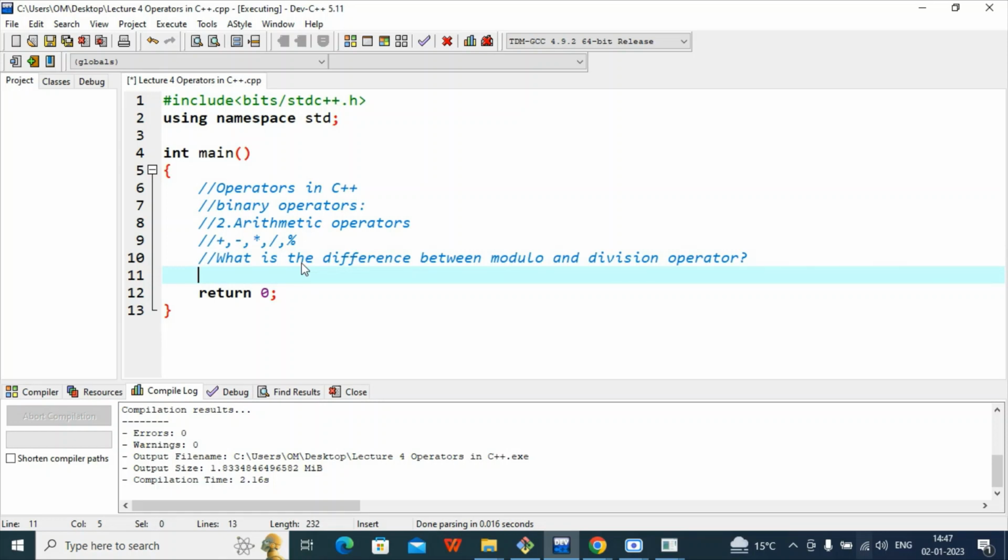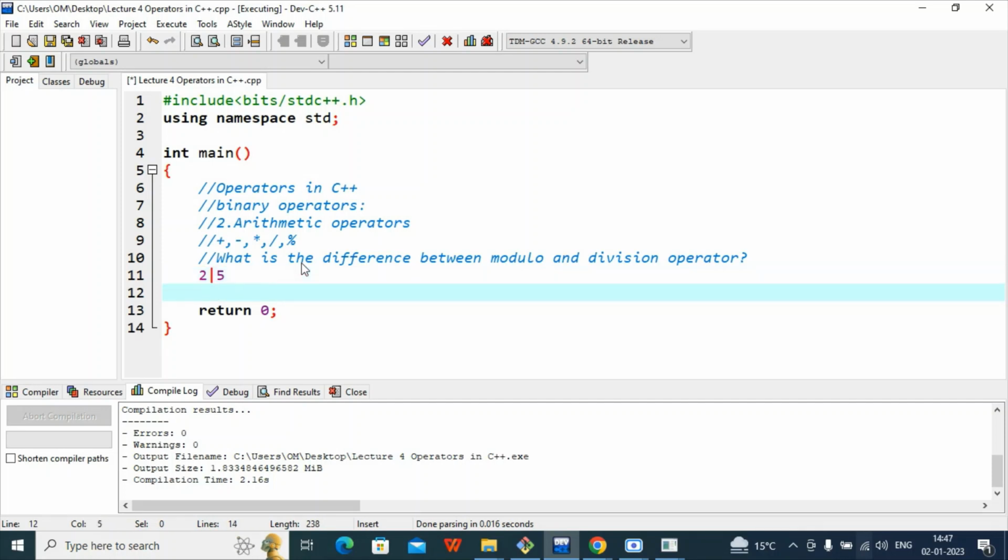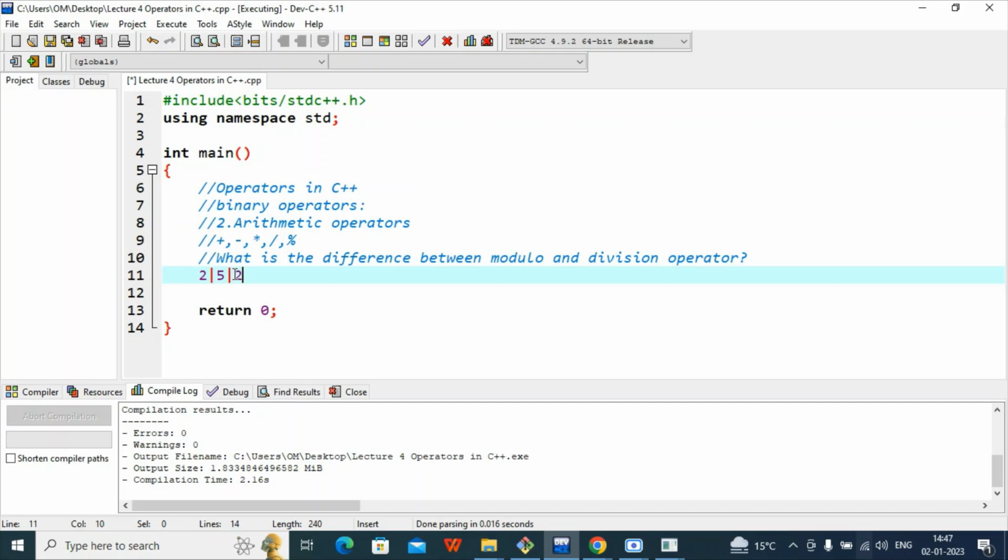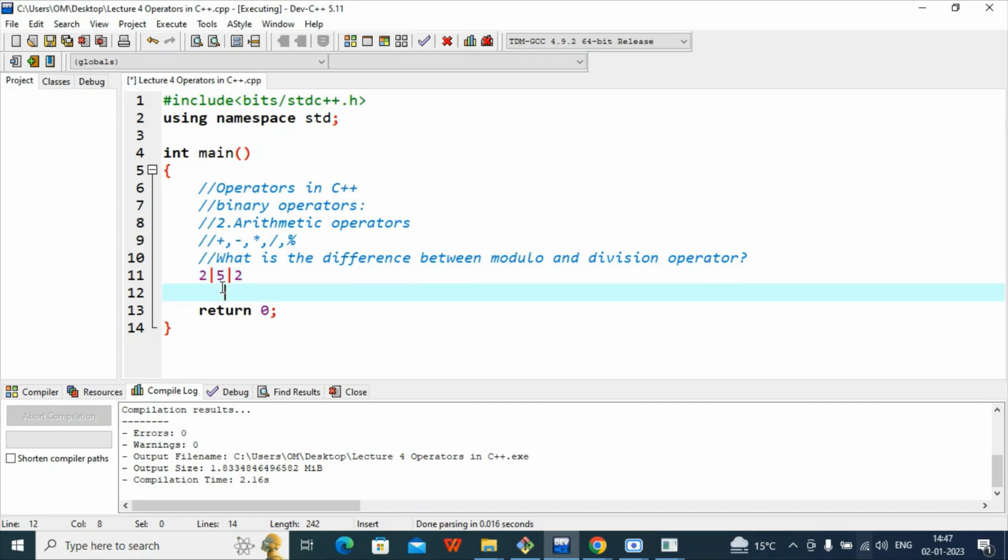Suppose I'm dividing 5 by 2, with 2 on the left hand side and 5 being divided. Suppose I use a pipe here. So 2 I write here and 4 I write here, because 2 times 2 is 4.